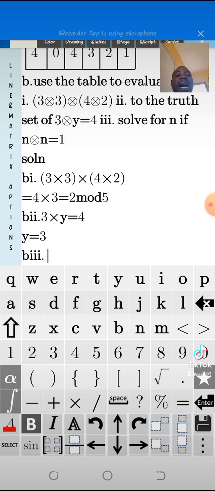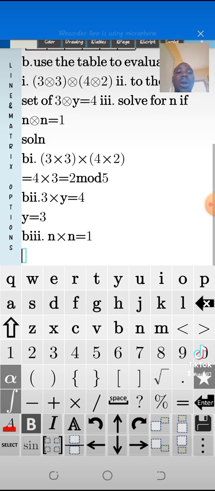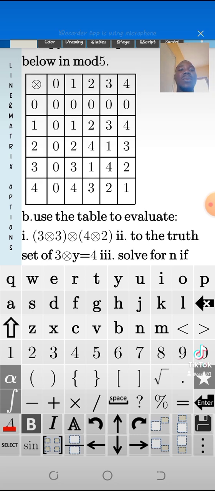And then the B(iii) says we should solve for n if n times n equals 1. Now, what you do is you come to the table, you look at two of the same numbers such that when you multiply them together, it gives you 1.